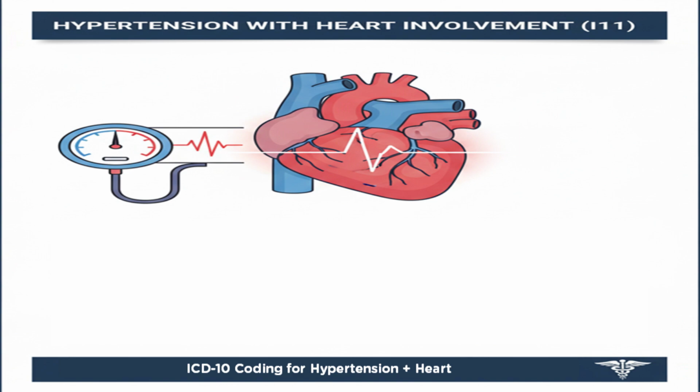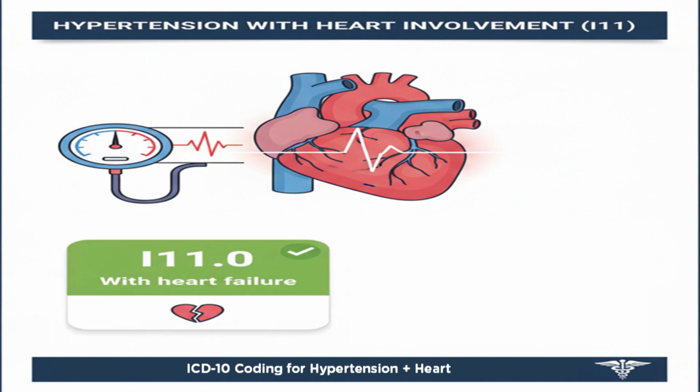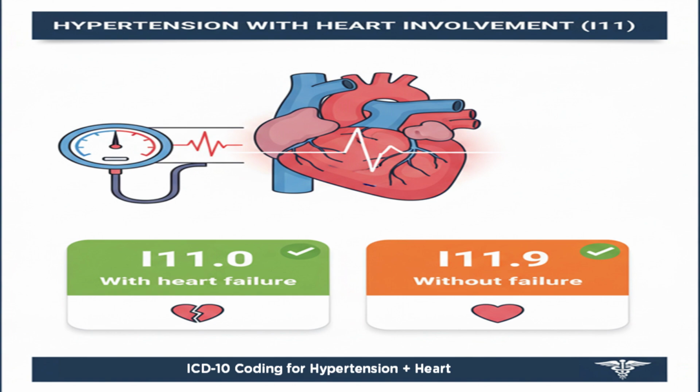Classifying it as hypertensive heart disease, the first and most complex code is I11.0, hypertensive heart disease with heart failure. This code indicates that the hypertension has progressed to cause or contribute to congestive heart failure. The second key code is I11.9, hypertensive heart disease without heart failure.